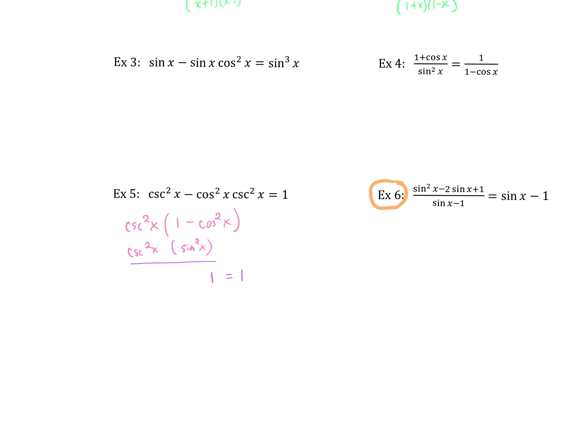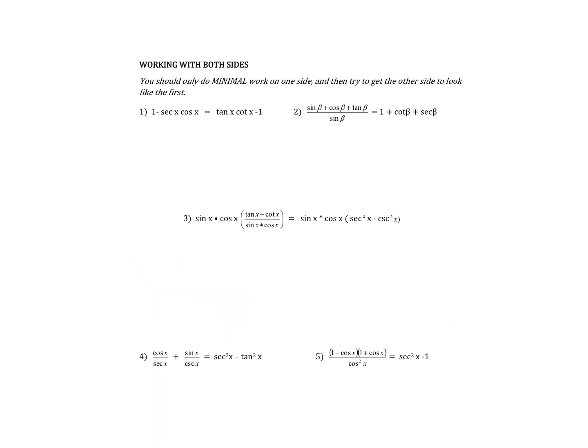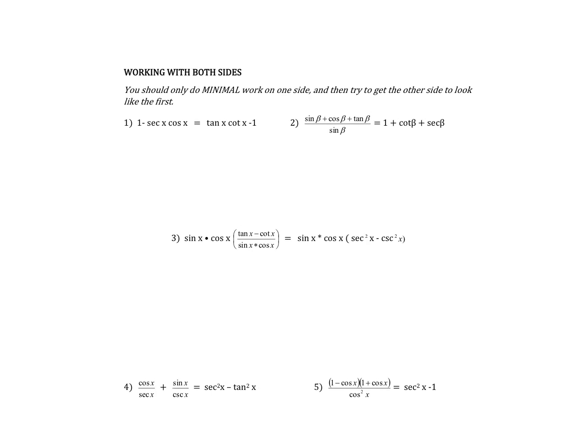Nice. Okay. Those other examples involve factoring too, if you want to try those at some point, but I want you guys to have a decent amount of time to get started on some of what you're going to be doing. One other example I want to show you, and one little concept to talk about. We have focused our attention strictly on one side, and some math purists would say you should always only work on one side.